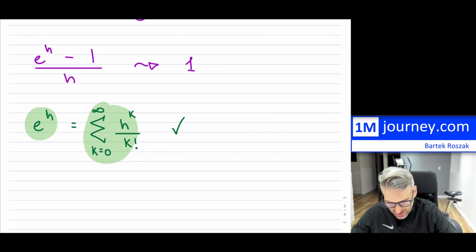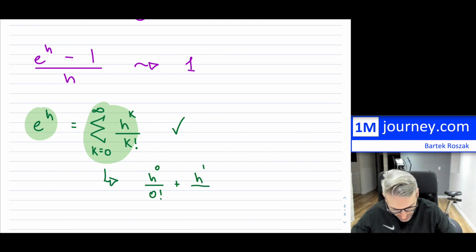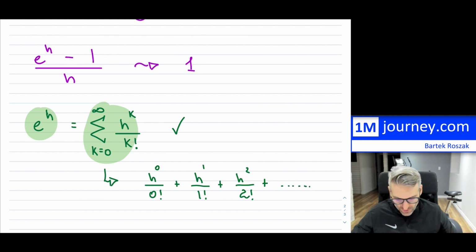Now for here, if we know that e to the h is indeed equal to this, if I expand this out, notice what's going to happen. For k equal to 0, I'm going to get h to the 0 over 0 factorial, plus h to the 1 divided by 1 factorial, and then h to the 2 divided by 2 factorial, plus, and so on, and this continues throughout.